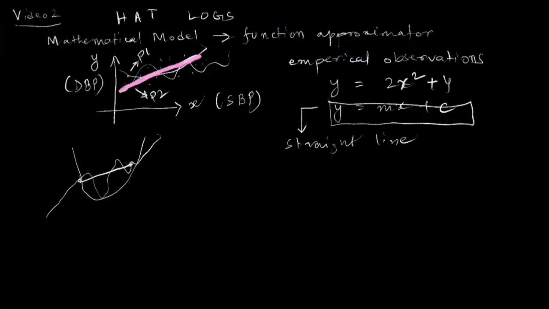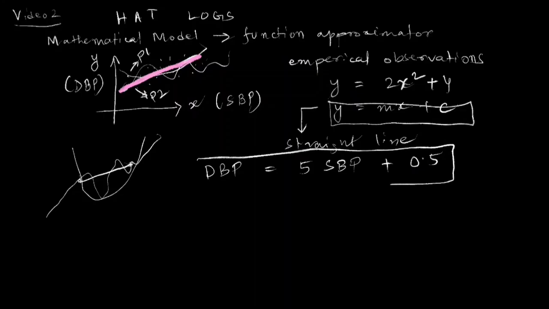And this whole experimental empirical observation that I cannot carry with me, but now with a mathematical model, which is just an equation, for example, I can simply say, well, this relationship between the diastolic blood pressure is equal to, let's say, 5 times the systolic blood pressure plus 0.5 or something like that. Now this becomes something that I can carry with me, and I can foretell the future.